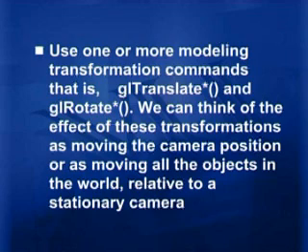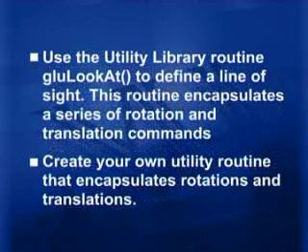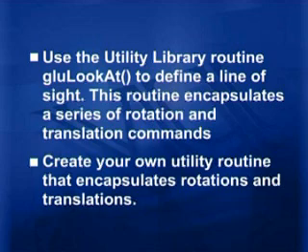We can think of the effect of these transformations as moving the camera position or as moving all the objects in the world relative to a stationary camera. Then we can use the utility library routine gluLookAt to define a line of sight. This routine encapsulates a series of rotation and translation commands. So effectively it does what we want to do.